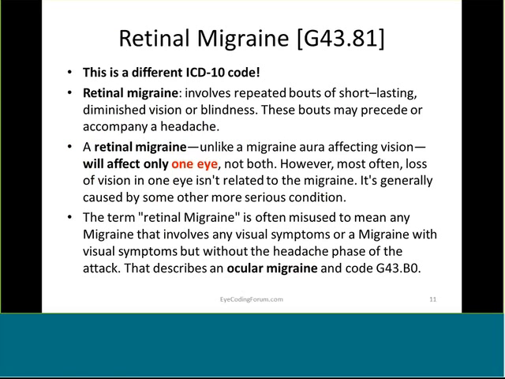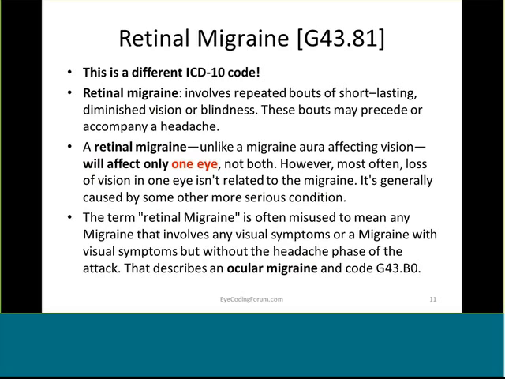Now, the retinal migraine, which is G43.81, is a different ICD-10 code. And this usually involves repeated bouts of short-lasting, diminished vision or blindness. These bouts may precede or accompany a headache. Now, my understanding is that retinal migraines are very rare. They're just not that common. A retinal migraine, unlike a migraine affecting vision, will only affect one eye, not both.